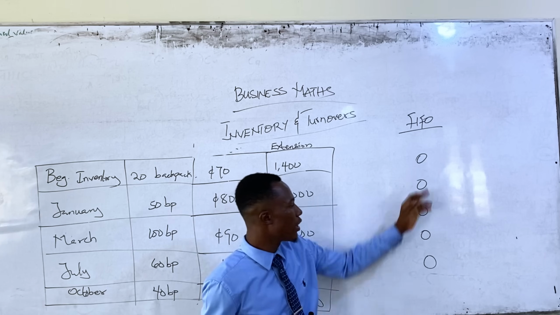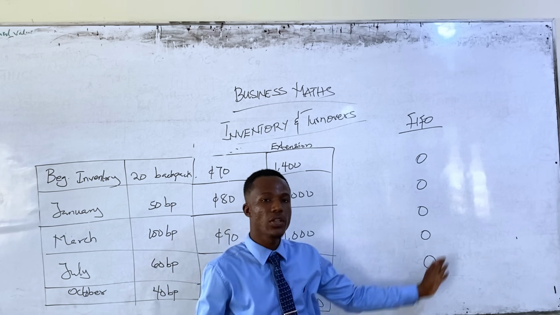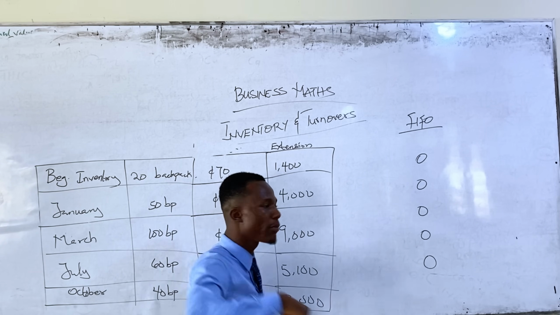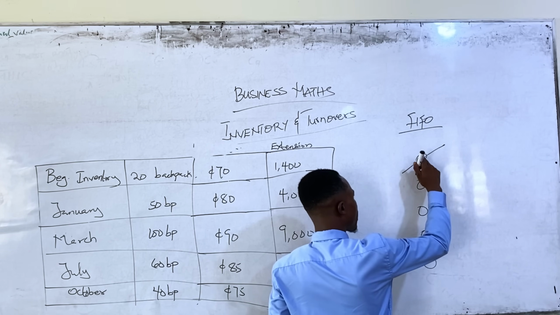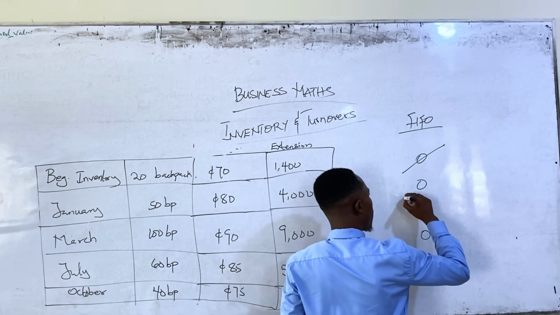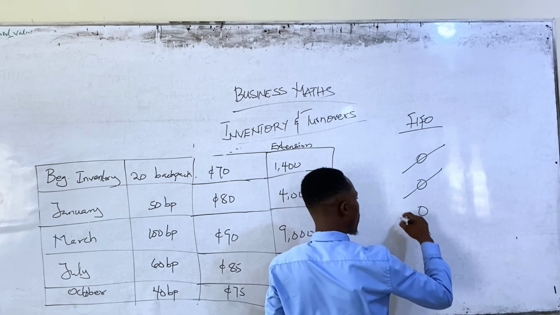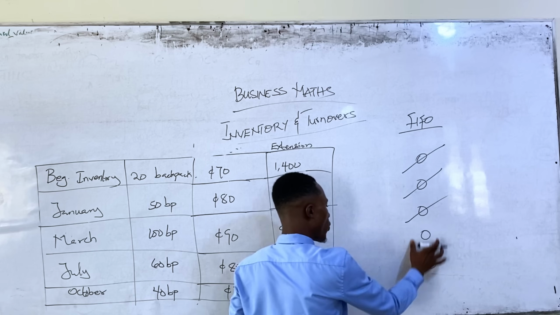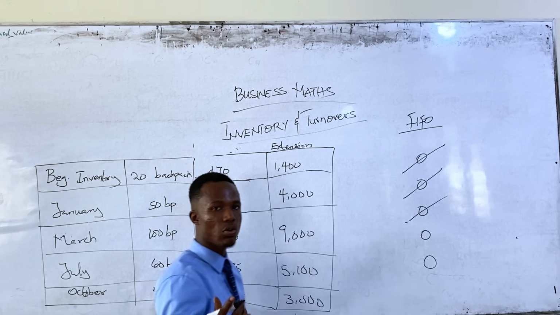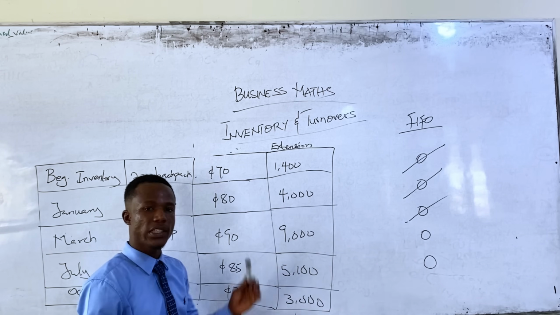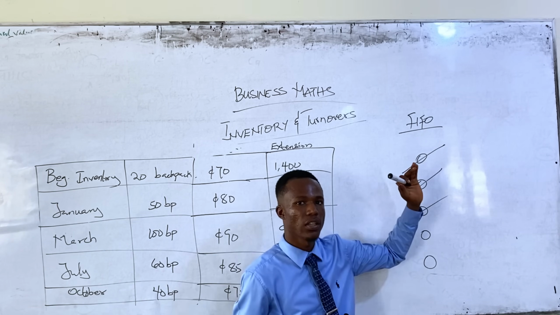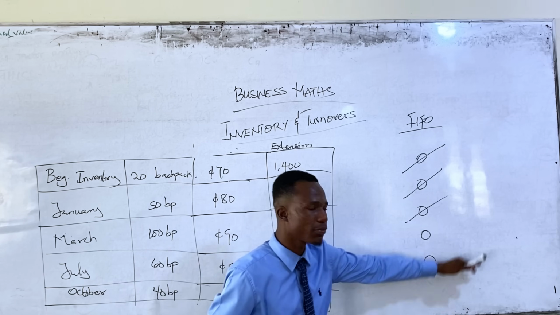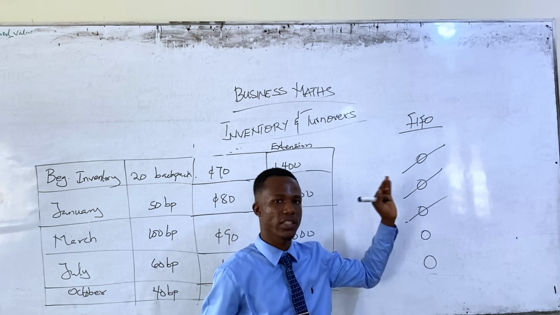If we have two left and already had five, the ones that came first, we have sold. So now we are left with 2 mangoes. That is why anytime you are dealing with first in, first out, you always start counting the items from the bottom of the table.